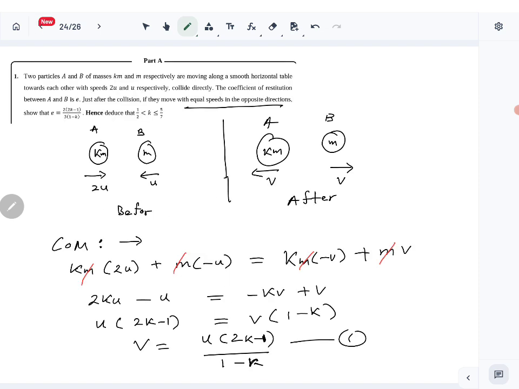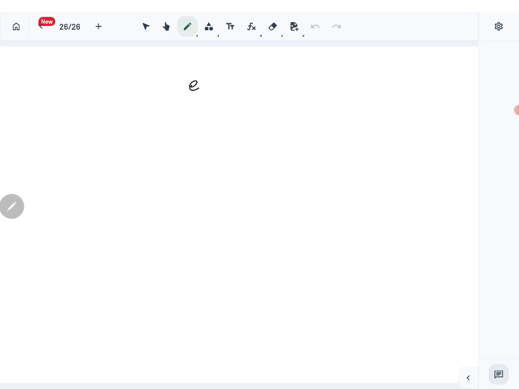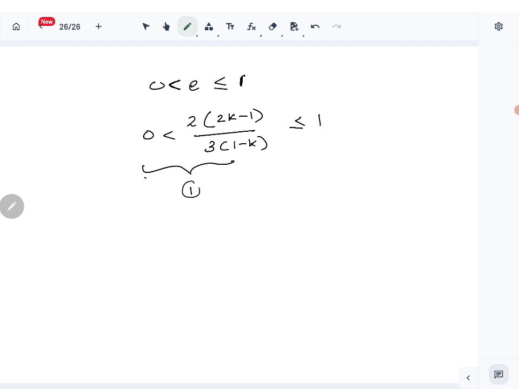Then the next part is: hence deduce that k is between these two values. So we now have to use this. e is between which two values? Greater than 0 and less than or equal to 1, right? So then you can write 2k minus 1 over 3 times 1 minus k is less than or equal to 1 and greater than 0. Then you have to solve these inequalities separately and take the common answer.